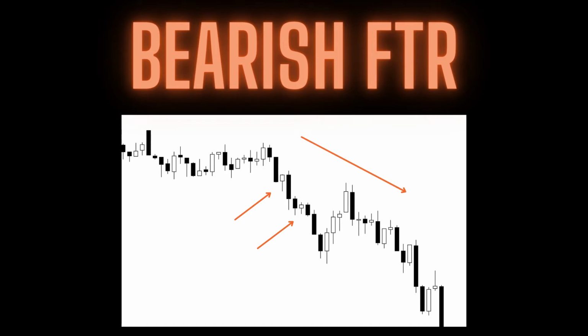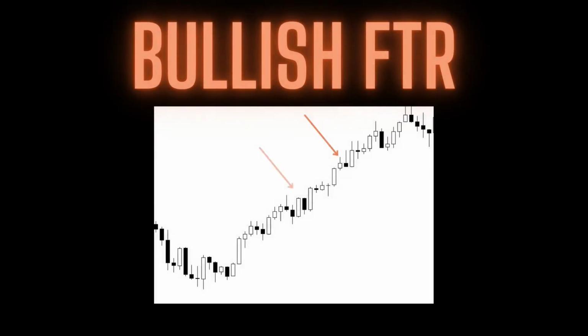Okay, I'm going to show you the bullish FTR. And by the way, this pattern works in every time frame, like 5 minute, 15, 30, 1 hour, 4 hour, daily. Of course, as you know, in the higher time frames it works best because there's less noise, and patterns and candles are a little bit more reliable.